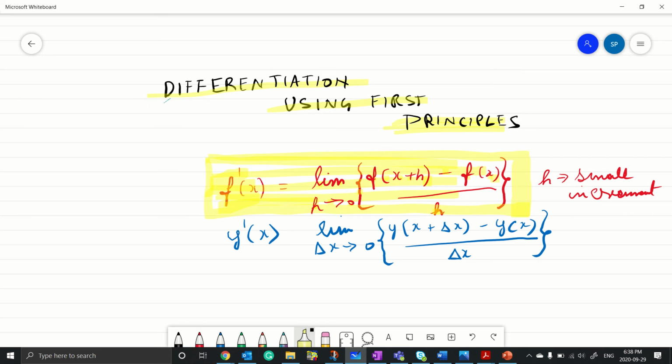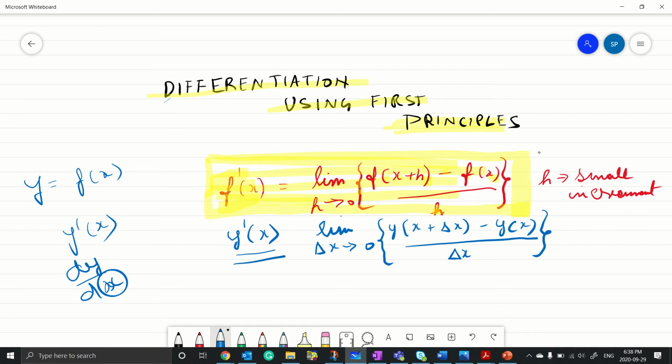And you can also express it. Let us say you have y, let me use color blue, you have y as a function of x given here, so you can also say y dash of x or dy by dx, okay. Differentiated with respect to x is nothing but limit delta x tends to 0, y of x plus delta x minus y of x divided by delta x.